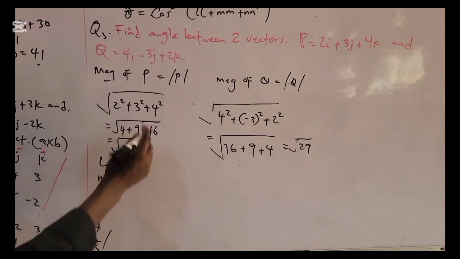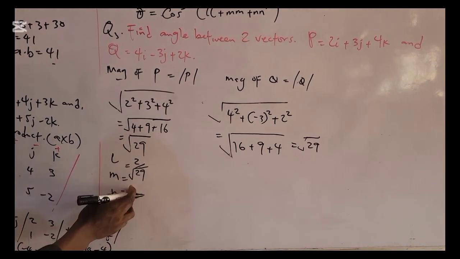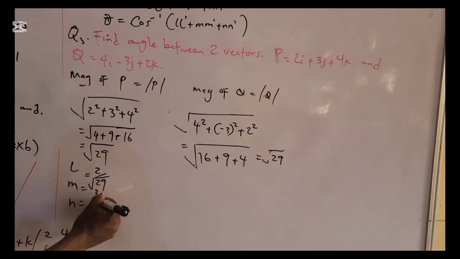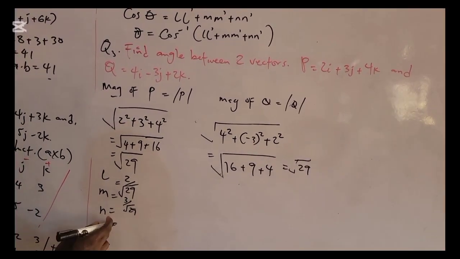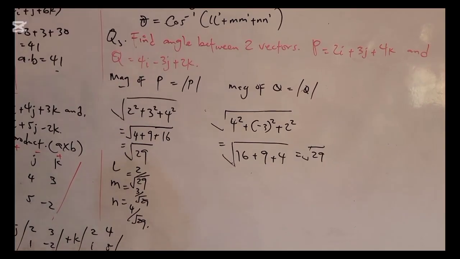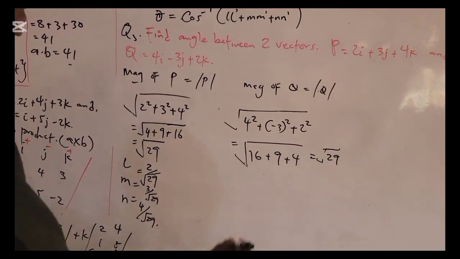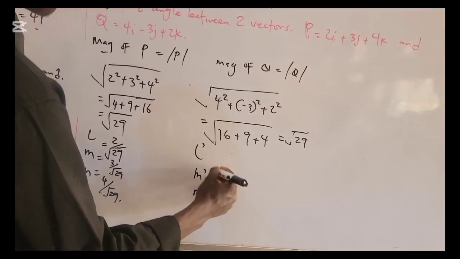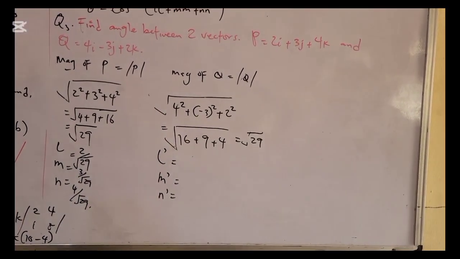Then for m we'll have 3 over root 29, and for n we'll have 4 over root 29. The next one will be l prime, m prime, and n prime, so the same thing also.